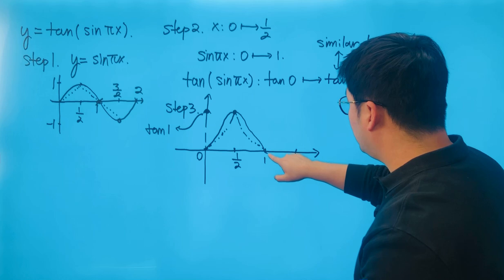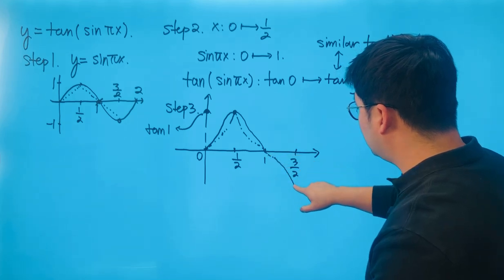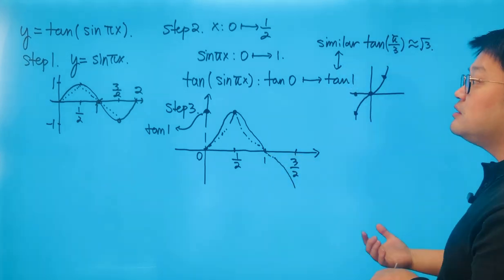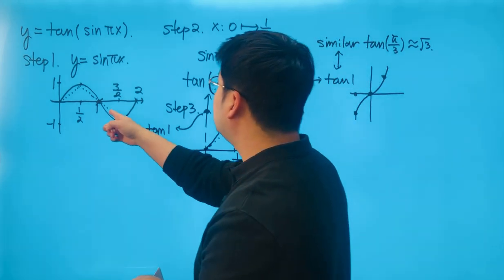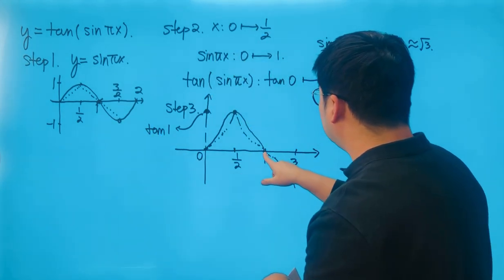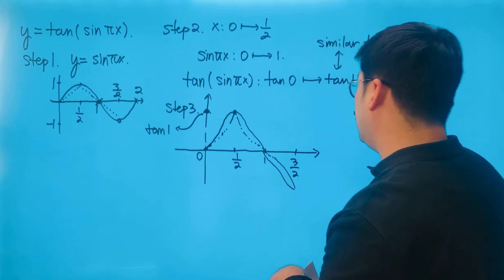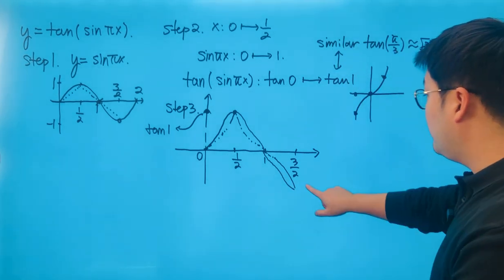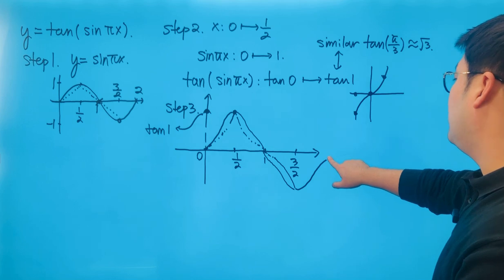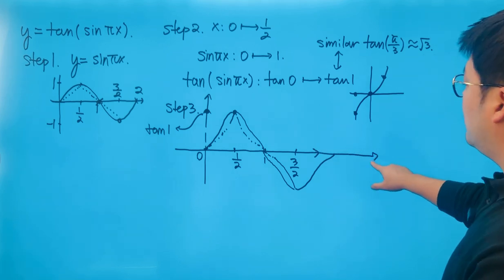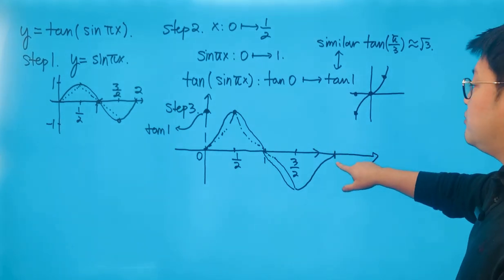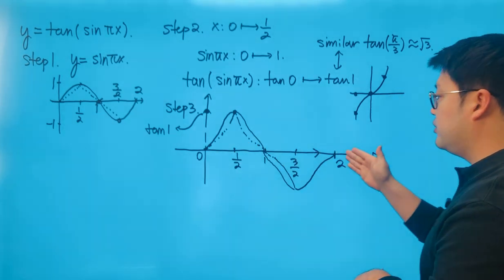But it doesn't go this way. It has to fall much faster than usual, and it drags a little, and then we follow the same trail. That is the sketch of this function from 0 to 2.